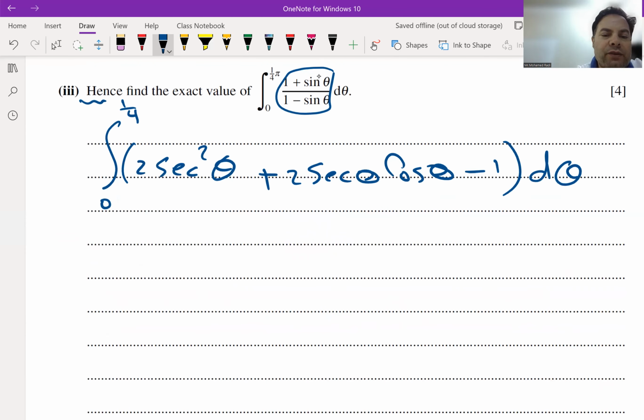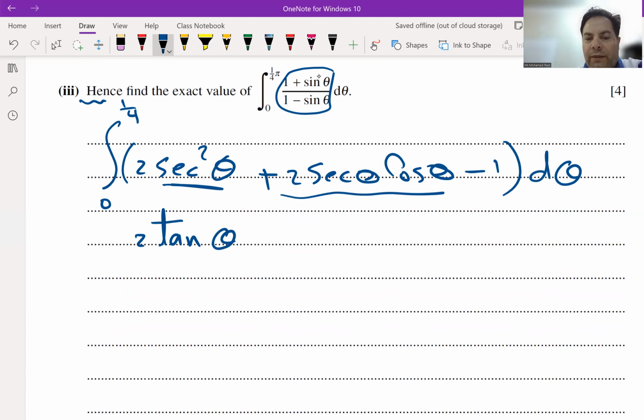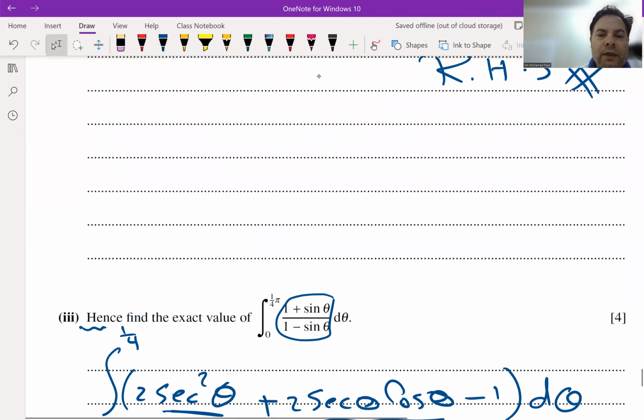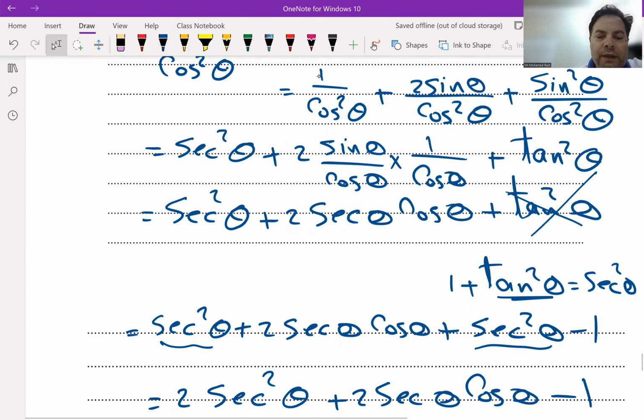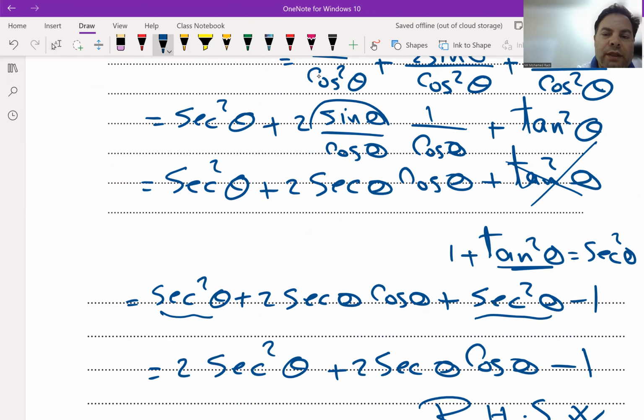Let's start now to integrate. Integration of sec squared is tan, because the differentiation of tan is sec squared. So it will be 2 tan theta. If you look at part 1, the derivative of 1 over cosine, that is sec, is sec tan. Sorry, I forgot to remove sine over cosine; I don't know how I wrote cosine theta here.